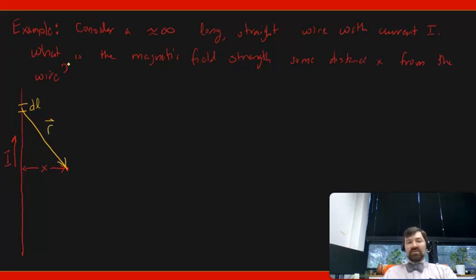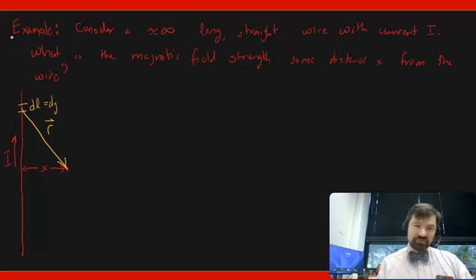So what's the trickiness of this problem? Essentially r is changing depending upon where you've chosen as your point on the wire. So we could say we're integrating from minus infinity to infinity over this, but now we'd have to figure out a function of r that goes with the wire.